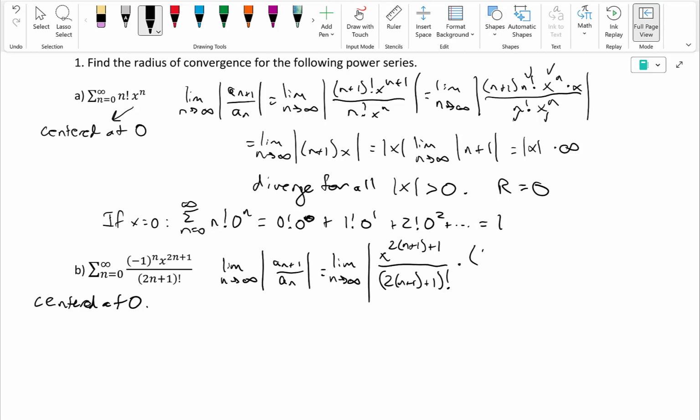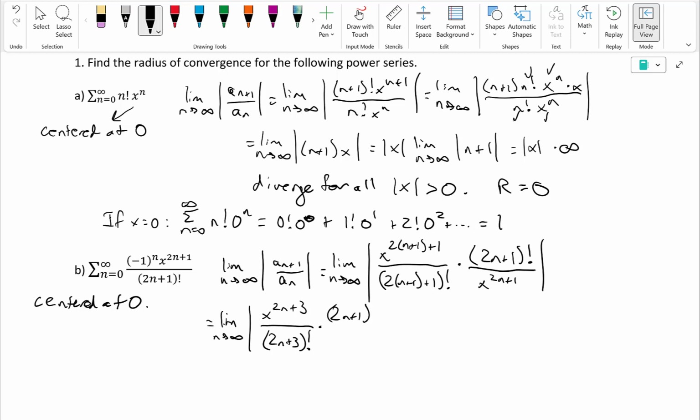So for our a sub n term, we'd get a 2n plus 1 factorial after the division in the numerator over an x to the 2n plus 1. And so we can write out this limit as n approaches infinity, expanded inside to help us simplify, x to the 2n plus 3 over 2n plus 3 factorial times 2n plus 1 factorial over x to the 2n plus 1.